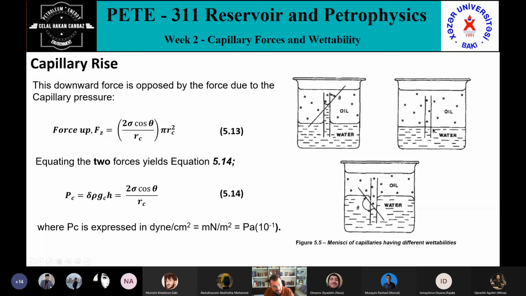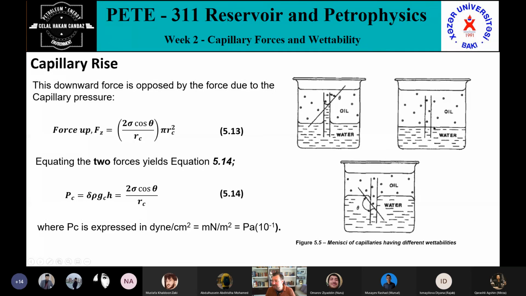Why? Because your solid surface doesn't select any of these, so your line will be the same as your oil-water contact. There is no concave or convex behavior, so your angle is 90 degrees.